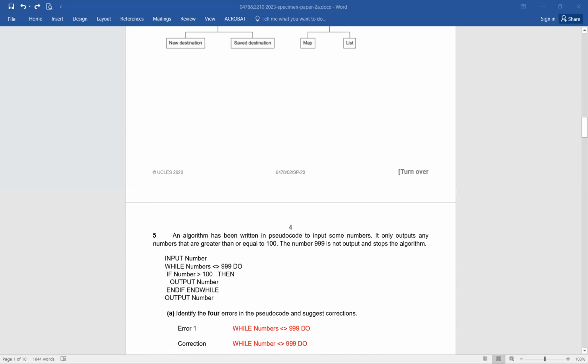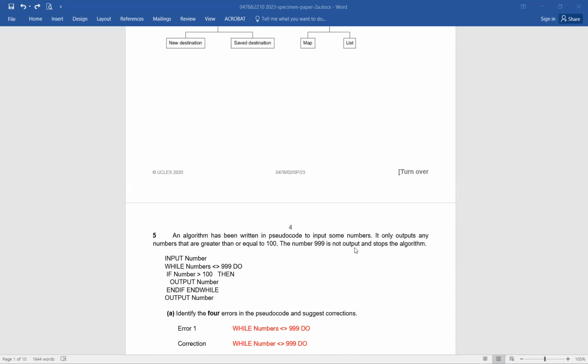Now, question number 5. Again, a suggestion: be very cautious and read the question thoroughly for error checking or debugging questions. Very simple. An algorithm has been written in pseudocode to input some numbers. The number of values entered is not known to you.